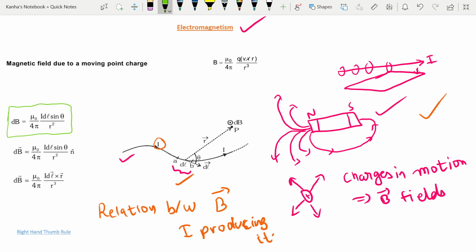This is the small magnetic field created due to the length element dl AB here, and we are trying to find the magnetic field at a point P. The distance between these two is given by r, which is the denominator. Theta is the angle between r and the current element I. So theta is this angle.